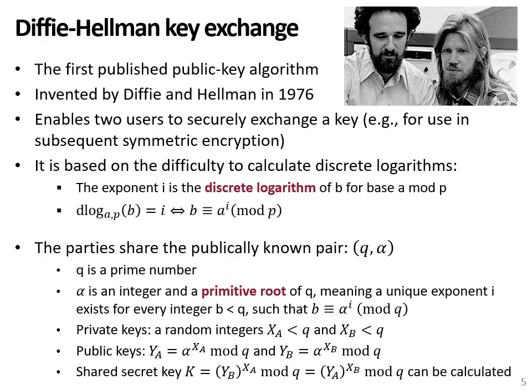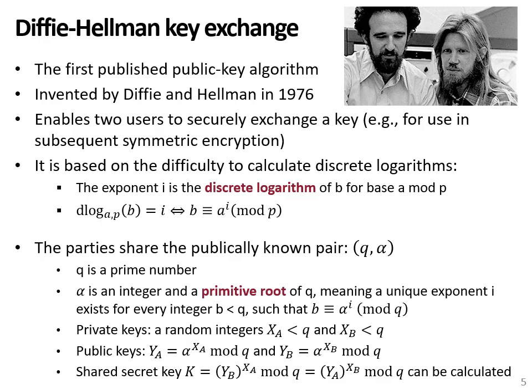Subsequently, the parties exchange their public keys, so A sends ya to B, B sends yb to A, and they can calculate the shared secret key K. Namely, A calculates it with the public key of B to the power of its own private key modulo q, and B calculates it with the public key of A to the power of its own private key xb modulo q.